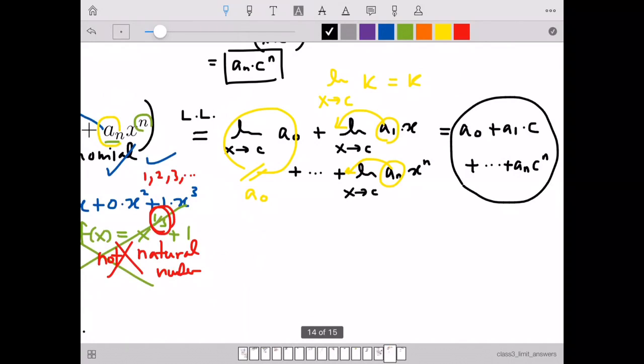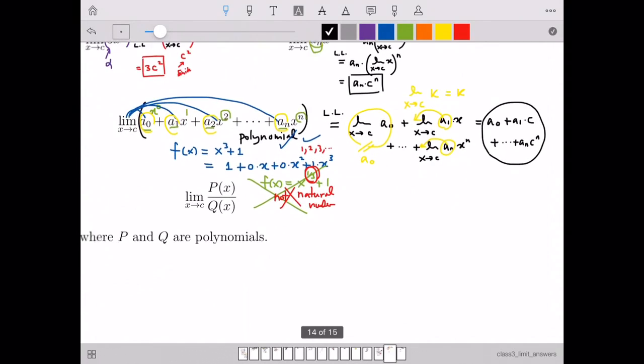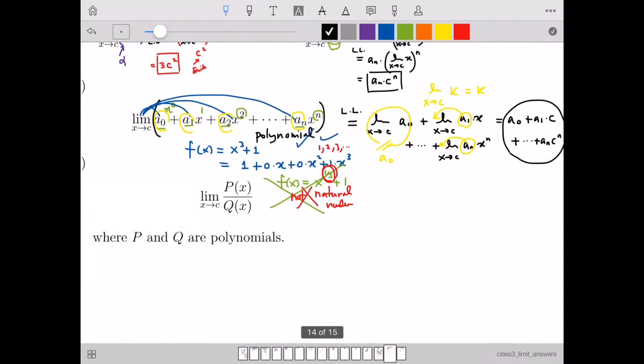That's the limit. So here's what we get. Suppose I call this function p of x. Then this is nothing but p evaluated at c.